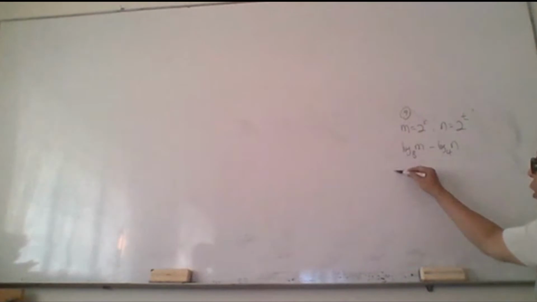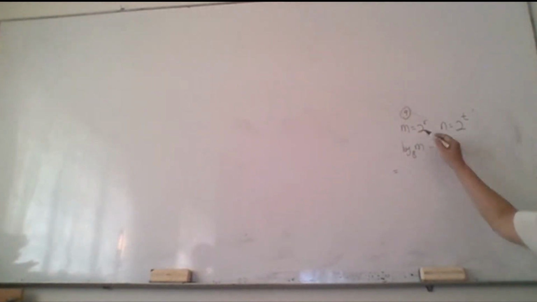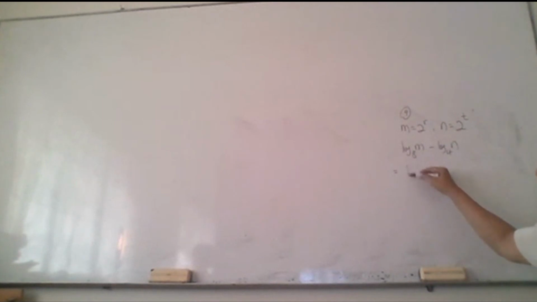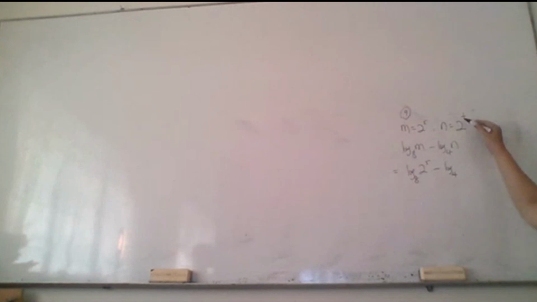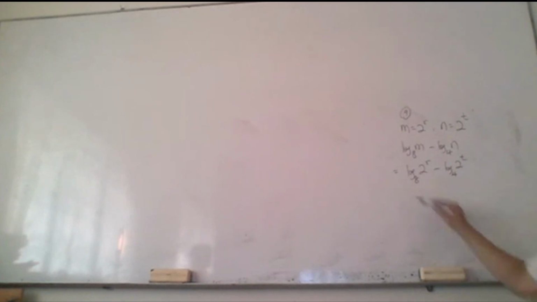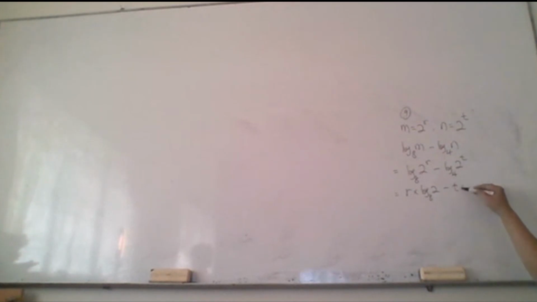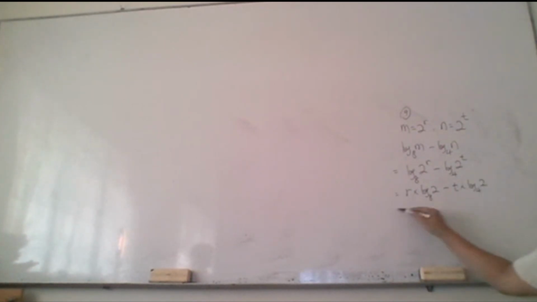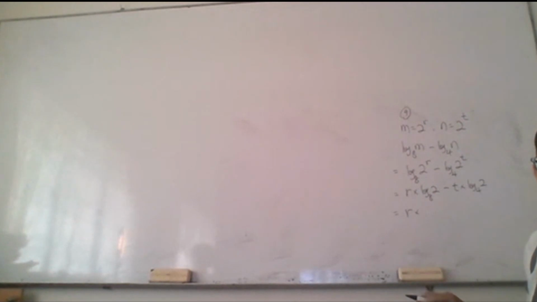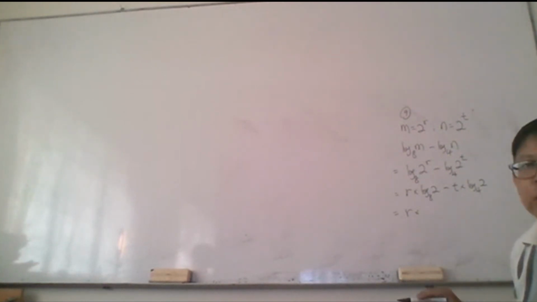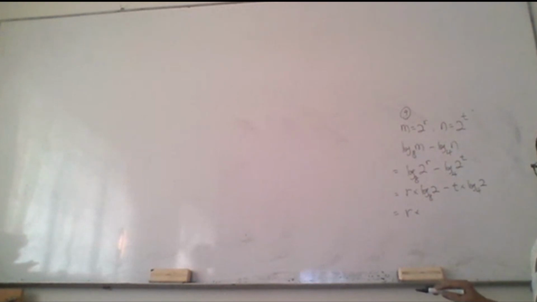In school, they usually ask students to substitute m as 2^r and n as 2^t. Later the r and t come down: r times log 8 minus t times log 4. Usually the school will ask students to change to base 2, because 2, 8 and 4 are all index notation of base 2.